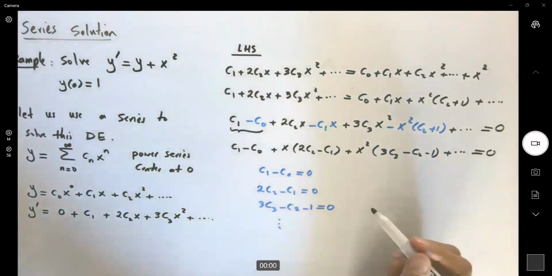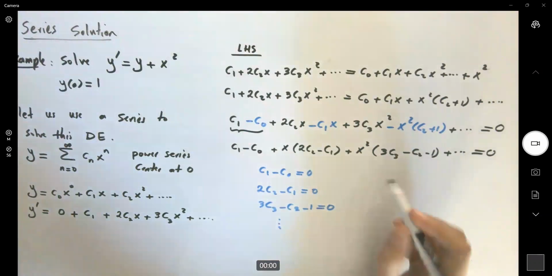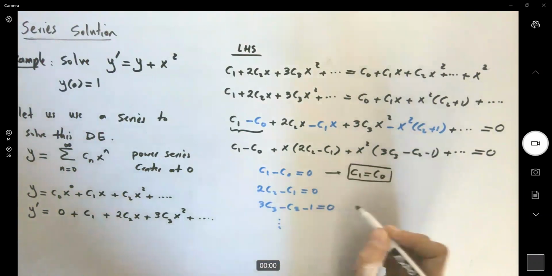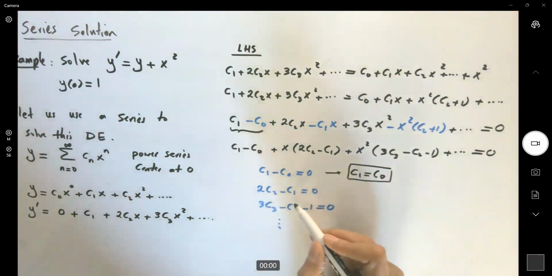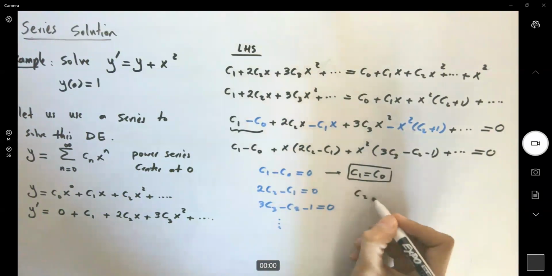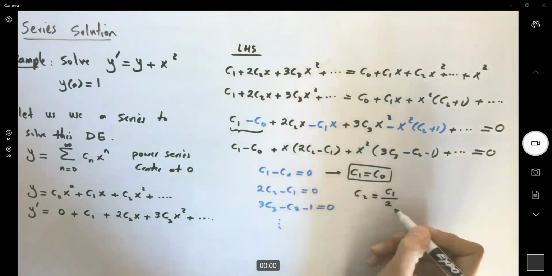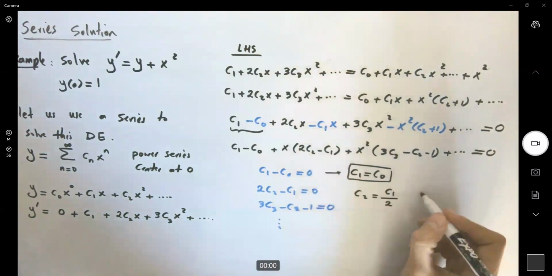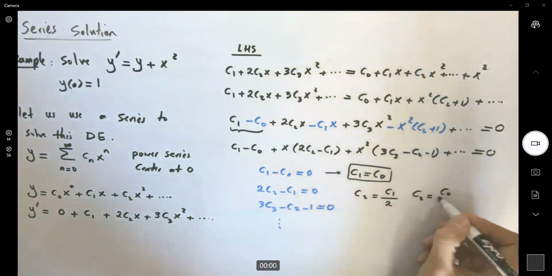Well, as you can see, c1 and c sub 0 are equal to each other. From the second equation, c2 can be written as c1 divided by 2. But at the same time, c1 and c sub 0 are equal to each other. So c2 is c sub 0 divided by 2.